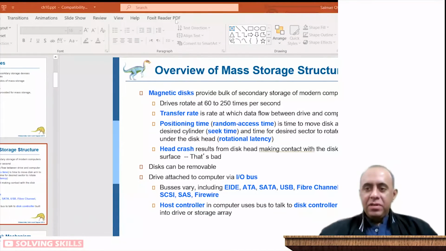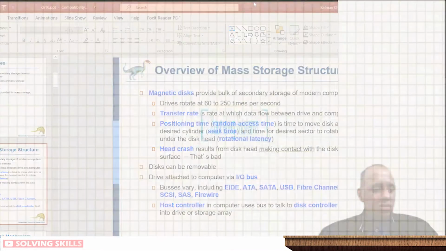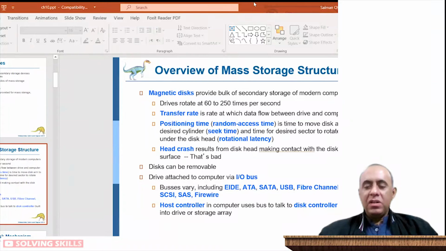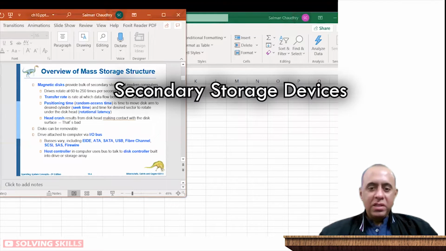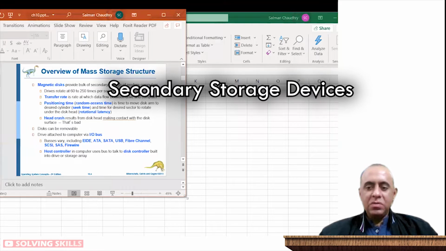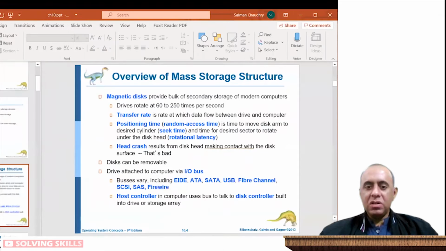So today we have to discuss how files are stored on computers, how files are visualized by the user and by the system, by the operating system and by the storage structure.